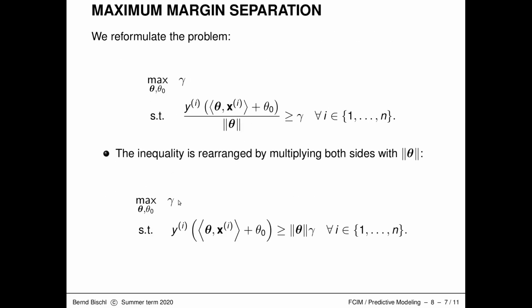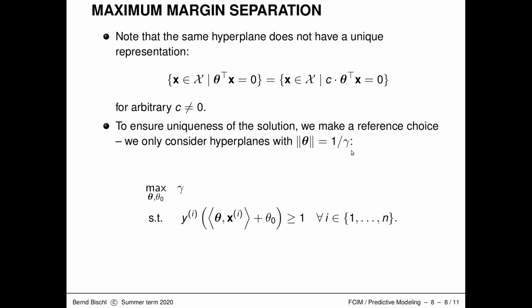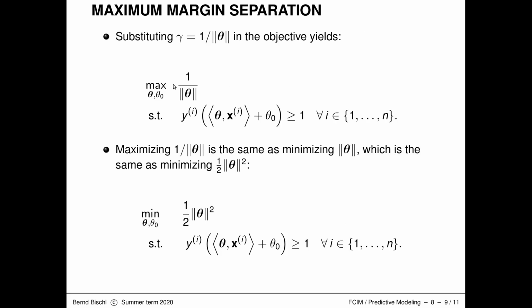The gamma is still here, but I already know that the norm of theta is 1 divided by gamma. So I know that gamma is actually 1 divided by the norm of theta. So let me insert that here as well.